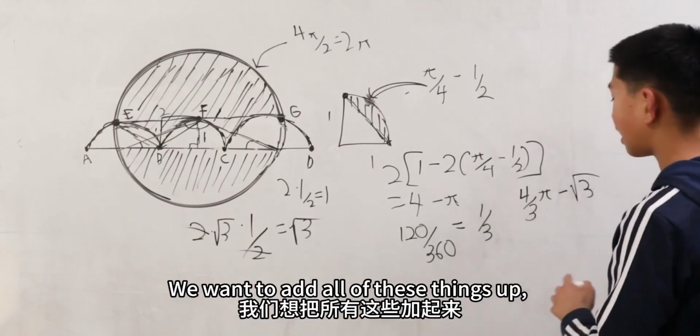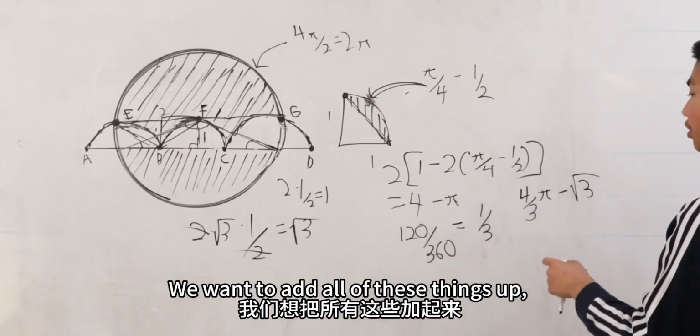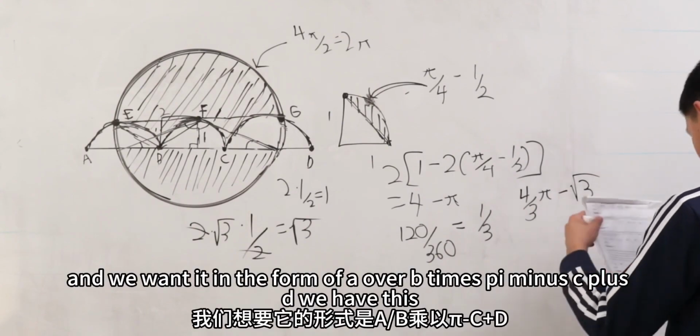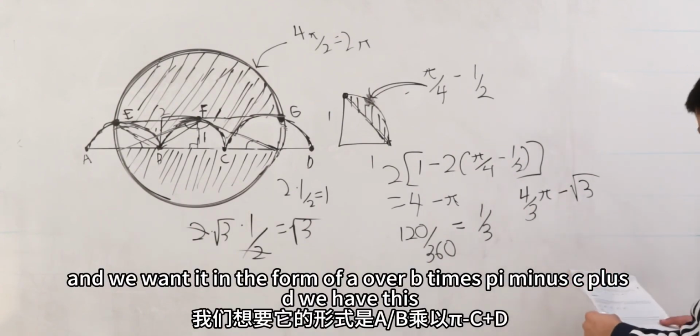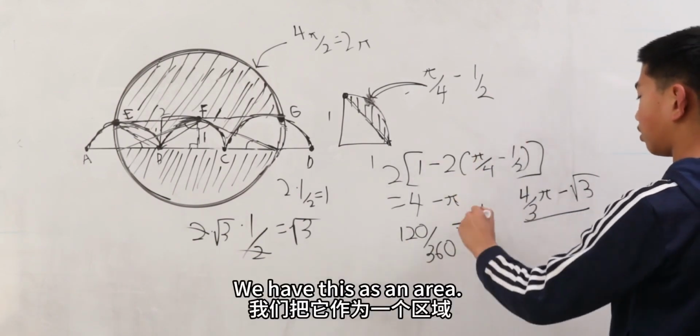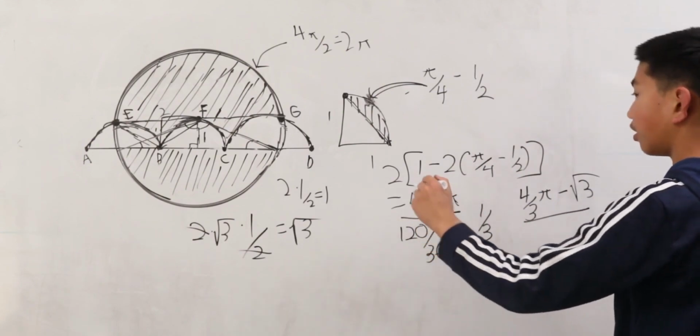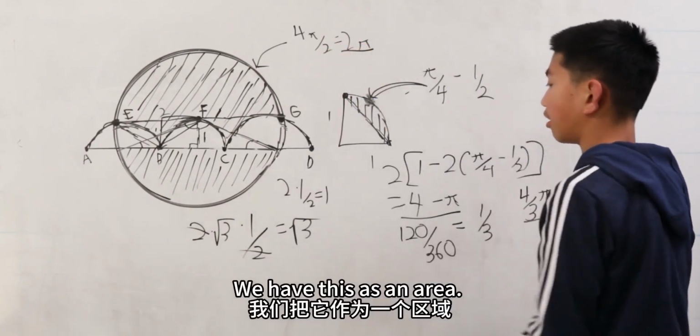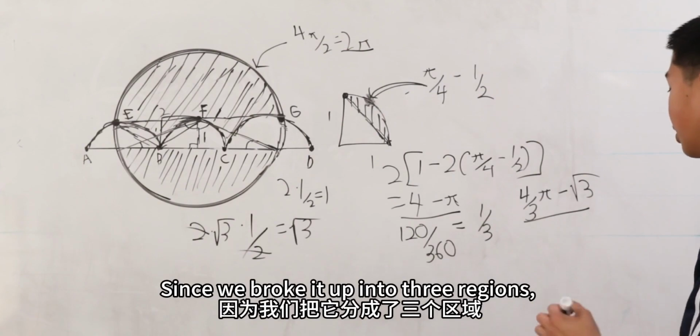And we want to add all of these up, in the form of A over B times pi minus square root of C plus D. We have this as an area, this as an area, and this as an area, since we broke it up into three regions.